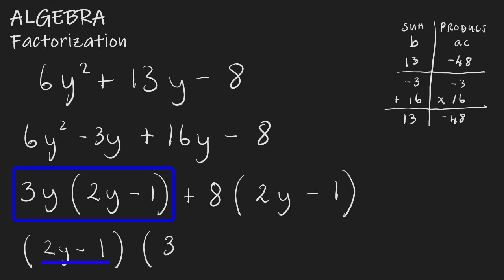The answer is 3y. What can I multiply by 2y minus 1 to give me 8 times 2y minus 1, or 2y minus 1 into 8 times 2y minus 1? The answer is positive 8. So we've just factorized 6y squared plus 13y minus 8 into its two factors, 2y minus 1 and 3y plus 8. That is my answer.